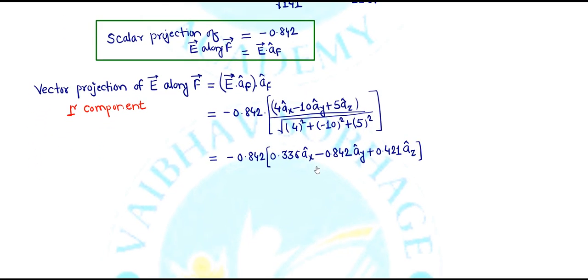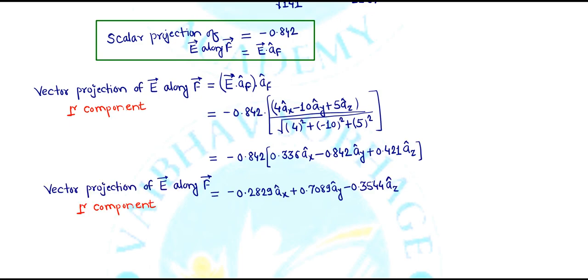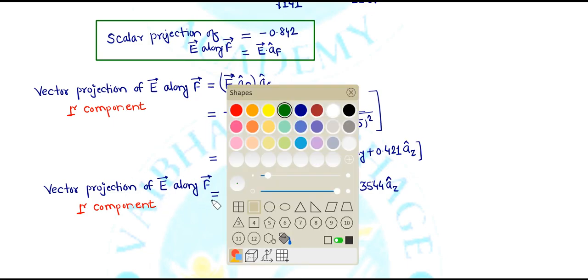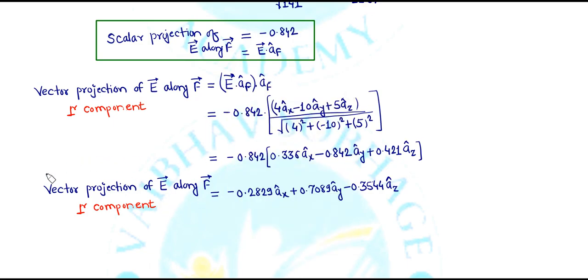So if you are going to further simplify that one, you will have this final answer. Okay, so this is the answer for your very first part of the semi-numerical, that we have found out the component of one vector onto another vector.